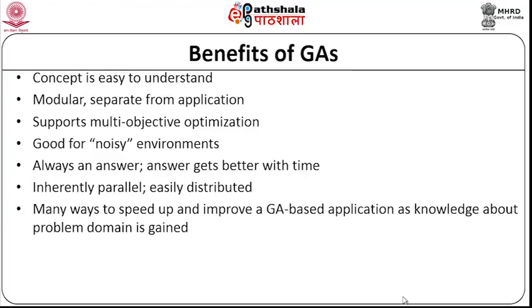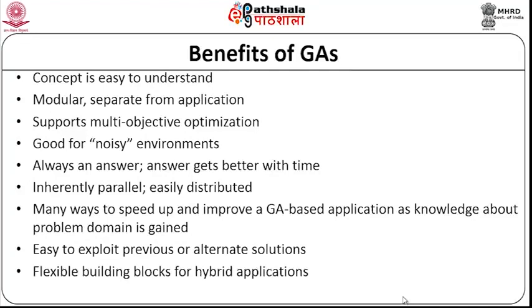There are many ways to speed up and improve a GA-based application as knowledge about the problem domain is gained. As you gain more and more knowledge about the problem domain, it is possible to speed up and improve a solution. It is easy to explore previous or alternative solutions, and flexible building blocks allow hybrid applications. Remember that some problems are more suited depending on the application.